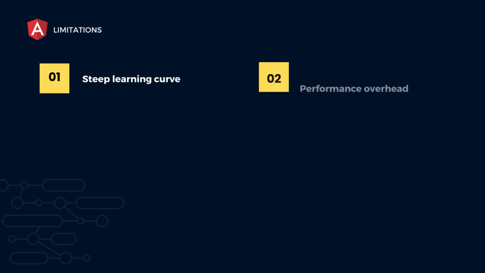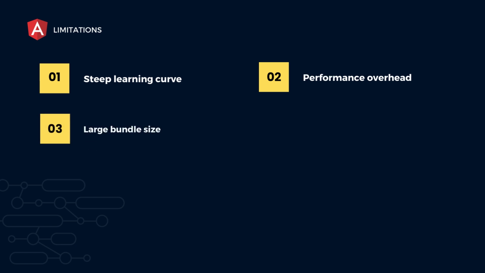Its second limitation is performance overhead. Angular's comprehensive feature set and complex architecture can result in some performance overhead, particularly for smaller projects where the added complexity may not be necessary. Large bundle size.